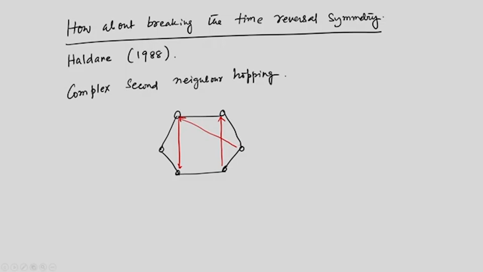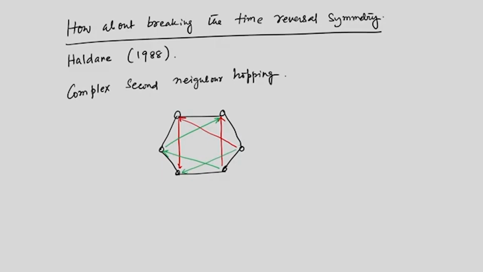So, these are 3 next nearest neighbor hoppings. I will draw the other 3 by another color, and there is a particular reason that I am doing it. So, this is 1, this is 1, and this is 1. Okay.